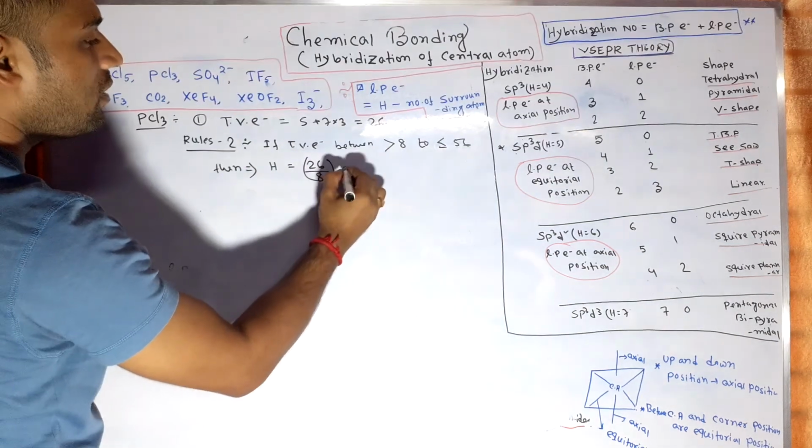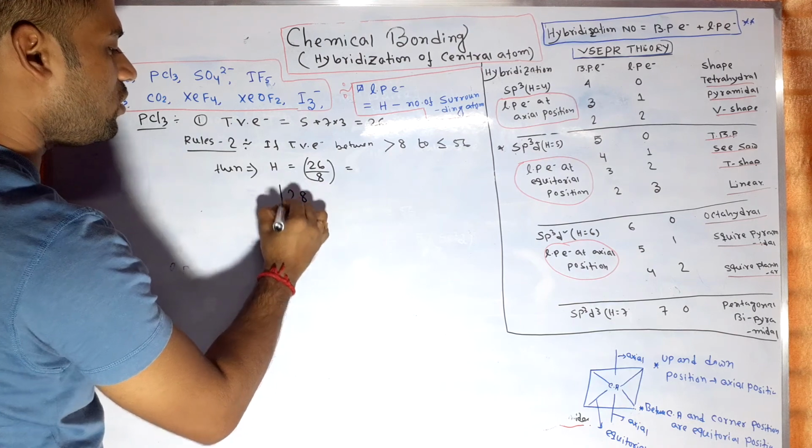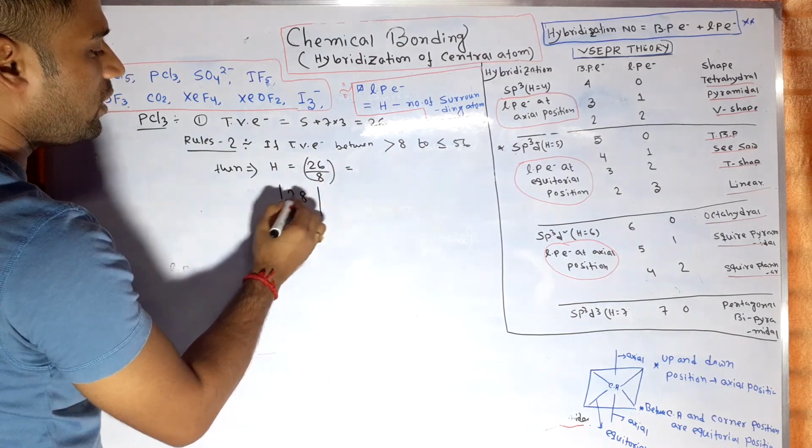This is the procedure. This dividing process is the normal process, the always-normal dividing formula.